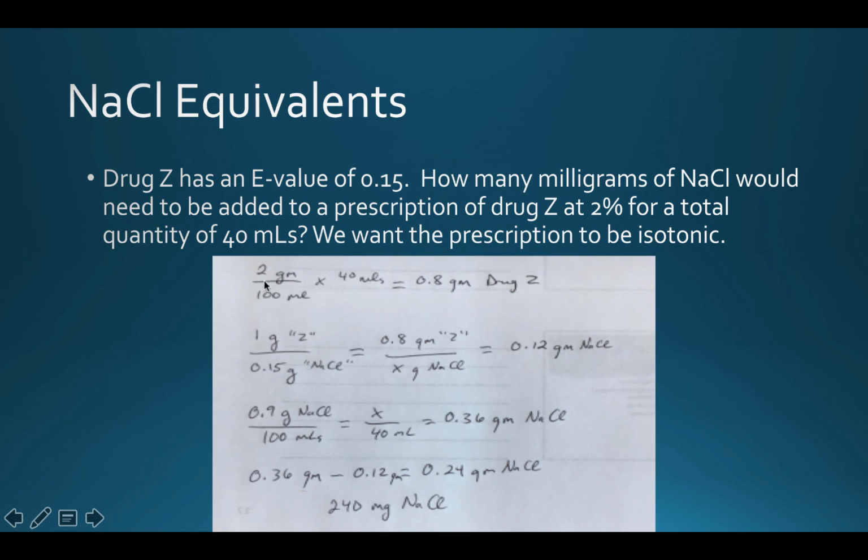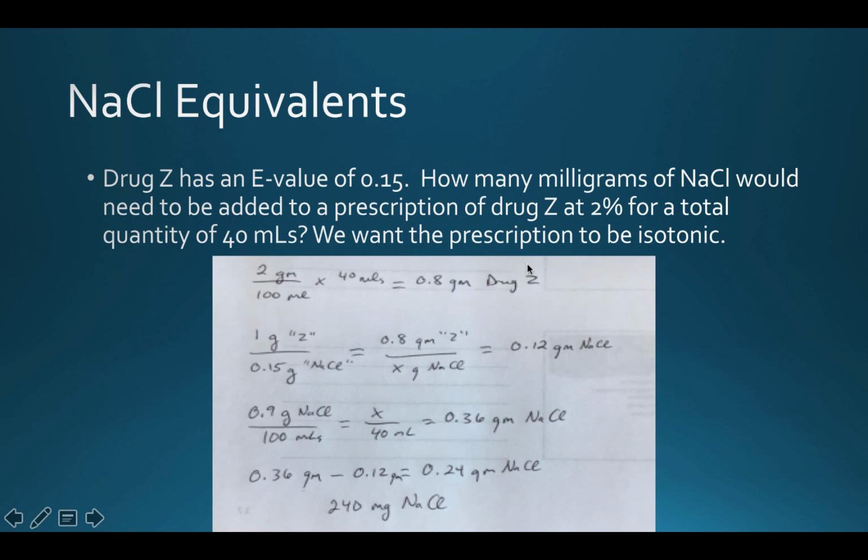The first thing I would do is recognize what concentration of that drug you want. Okay? And so we want a total concentration of 2%, and so that's 2 grams per 100 mils, and we want that in a total quantity of 40 mils.